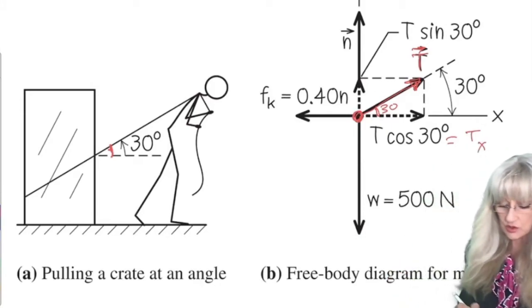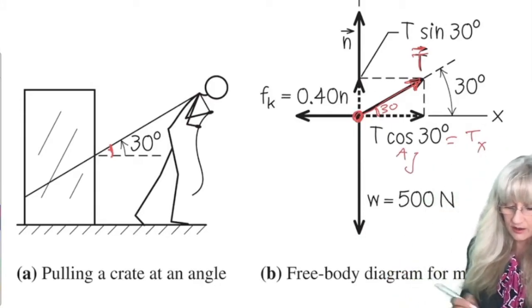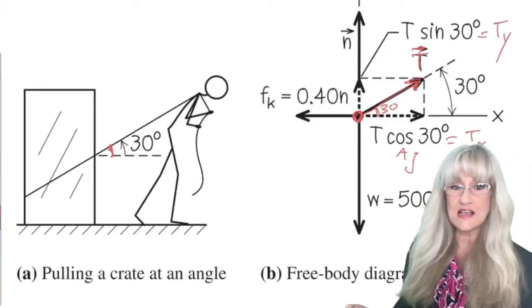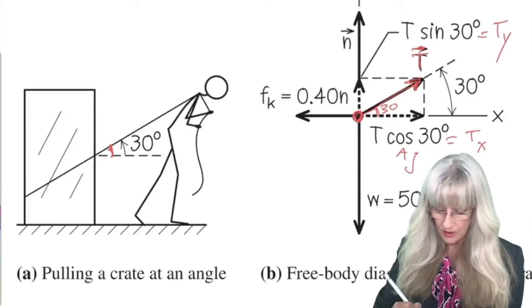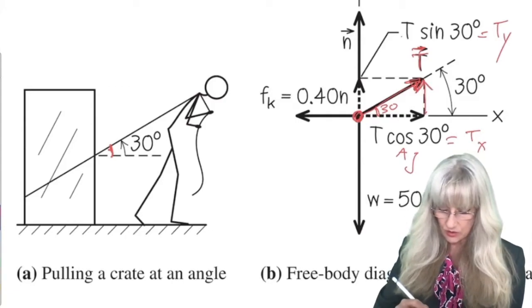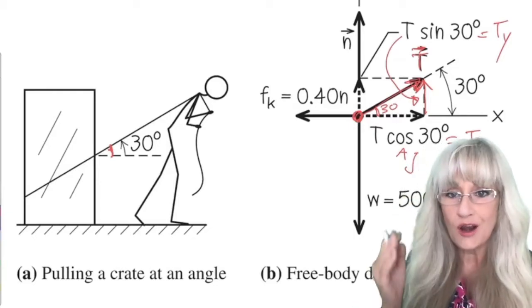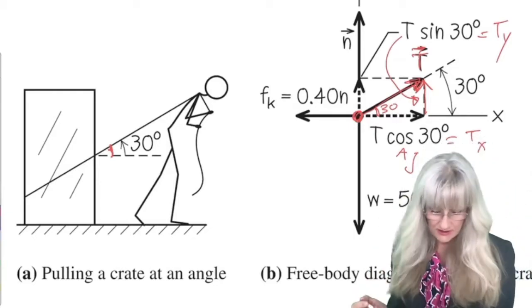Again, T times the cosine of the adjacent angle. And this will be T of y: hypotenuse times the sine of the opposite angle, the tension along the y-axis.